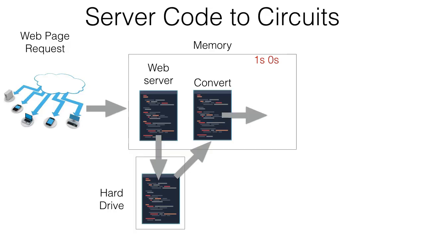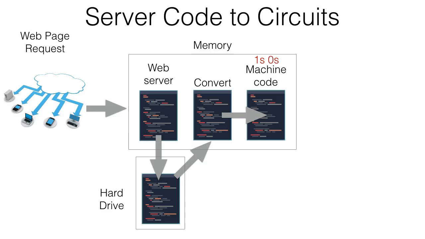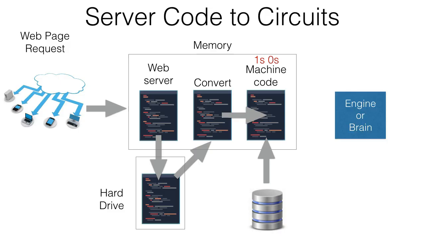We're getting it into the ones and zeros, and we load that machine code into memory so that it's ready to be processed. Now, some of that also needs to come from a database, so we're going to load that in as well. So now I have all my data sitting there. I have my instructions. I know what to do. And if you remember from the last course, the CPU, or the engine or brain of the computer, needs very small incremental instructions.